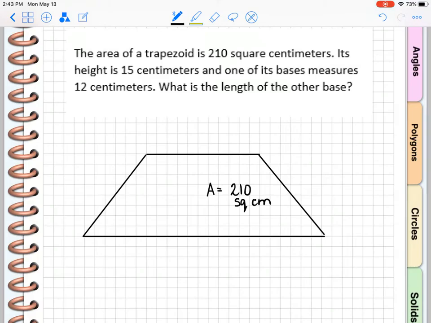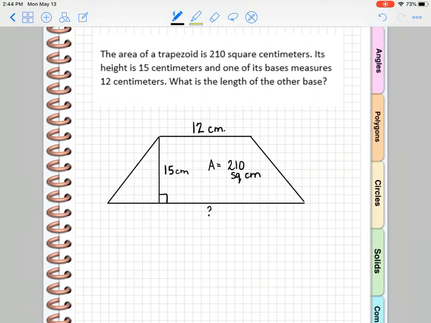It tells me that the height is 15 centimeters and that one of the bases is 12. Now, I don't know the length of the other base. It could be more or less than 12, but I'm just guessing here. So I'm just going to put one of the bases as 12. And they want to know the base that's down here, the other base.